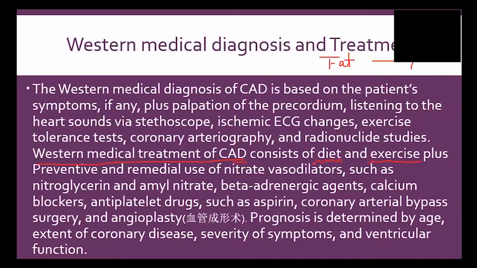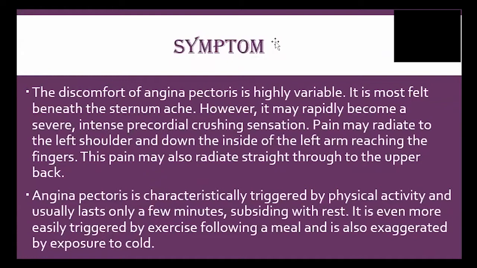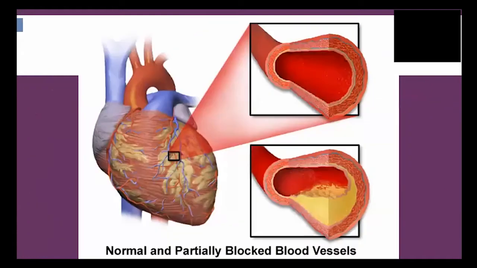Certainly, it can also happen in other parts of the body. But if it attacks the coronary arteries, we say maybe fat attacks there first and makes the blood vessels unsmooth in the coronary artery.